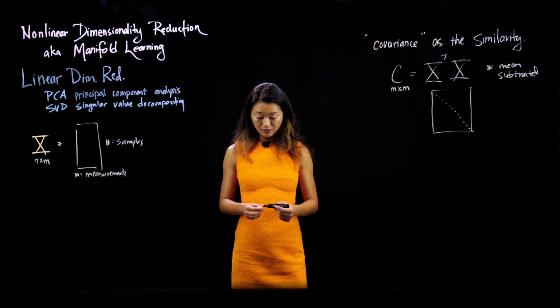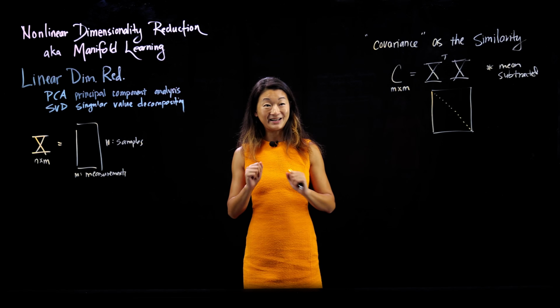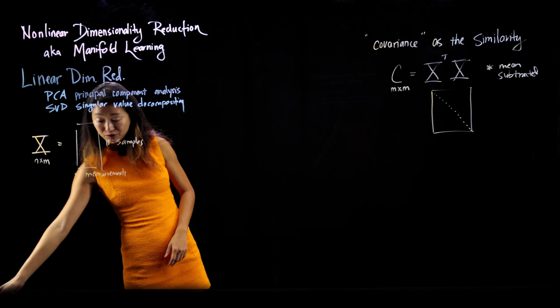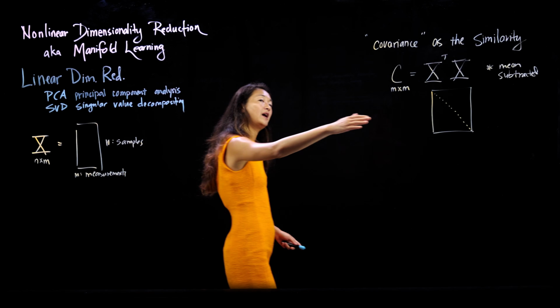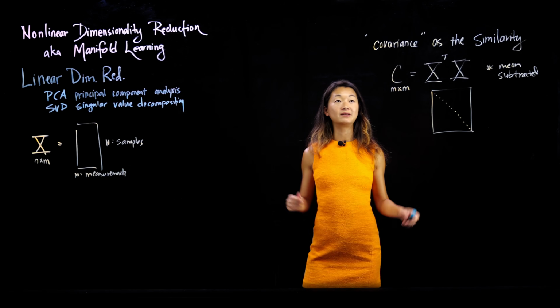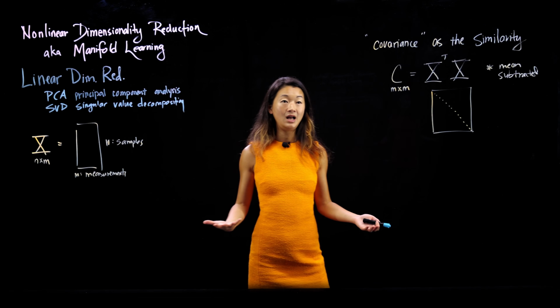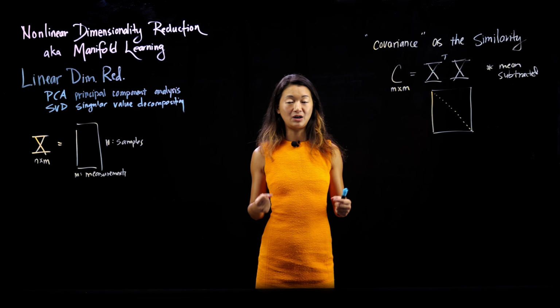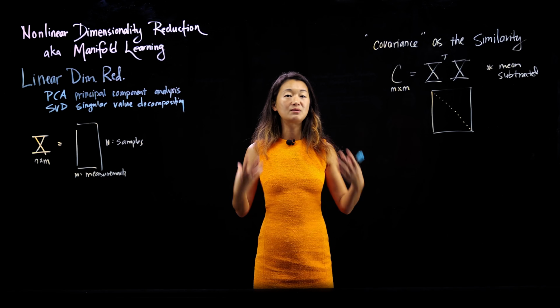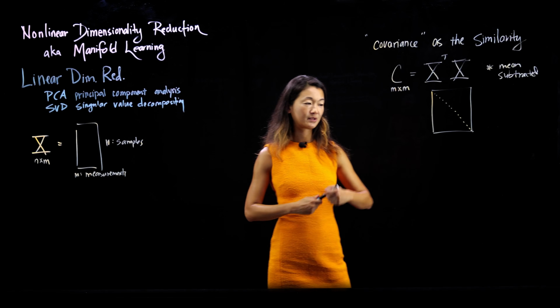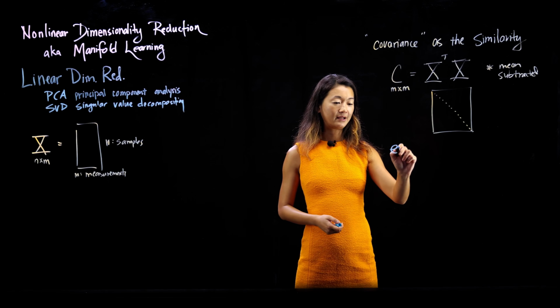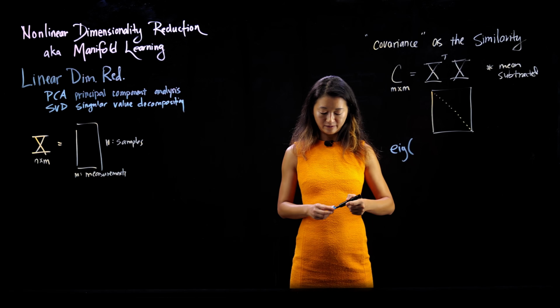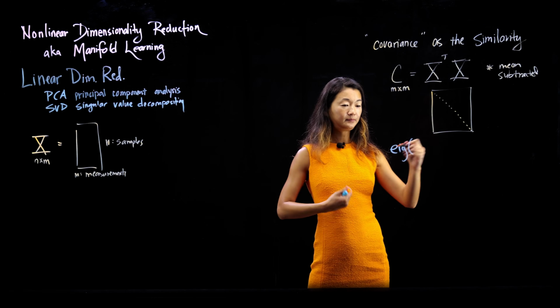What I'm going to do now is our second favorite trick, or maybe this is the first favorite trick in linear algebra, is that if I have a square matrix here that describes the similarity in my data set, I'm going to reduce it by trying to figure out what are the chief, most important parts of this covariance matrix. And I'm going to do that by taking the eigendecomposition of my covariance matrix.